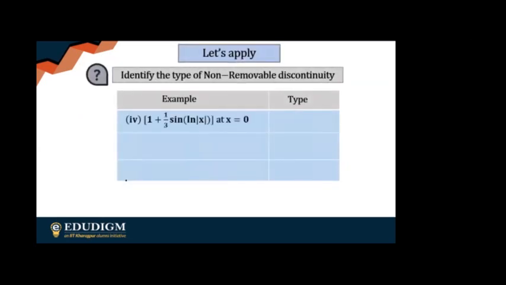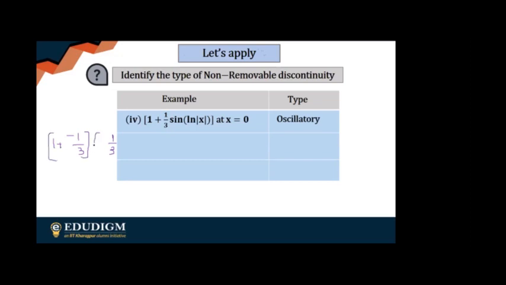This is again very, very simple. As you see, the sign of ln x at x equals 0, we have already talked about this one. This is again oscillatory. The sign of something will oscillate between -1 to +1. So if I take 1/3, that should oscillate between this and this. And similarly, we have 1 plus something and its box.